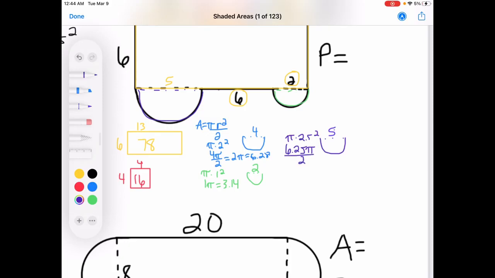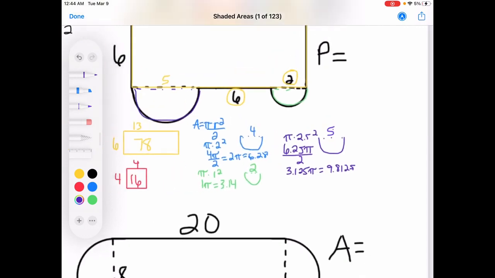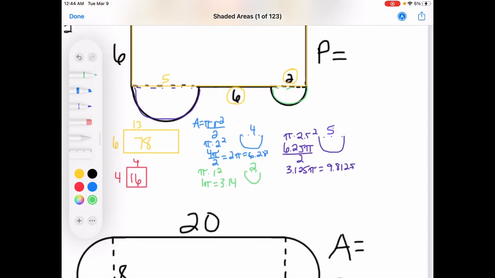And that would be 3.125 times pi, which would be 9.8125. And then going back to this semicircle, I forgot to divide my answer by 2. So when I divide that by 2, that gives me 1.57.